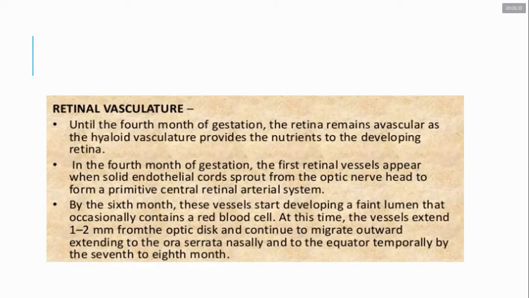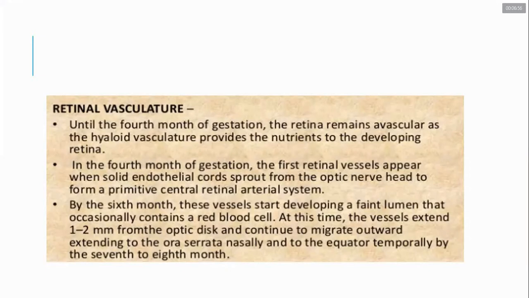In the 4th month of gestation the first retinal vessels appear, when solid endothelial cords sprout from the optic nerve head to form a primitive central retinal arterial system. So at the 4th month of gestation you will find the first central retinal arterial system, which develops as a sprout from the endothelial cord.